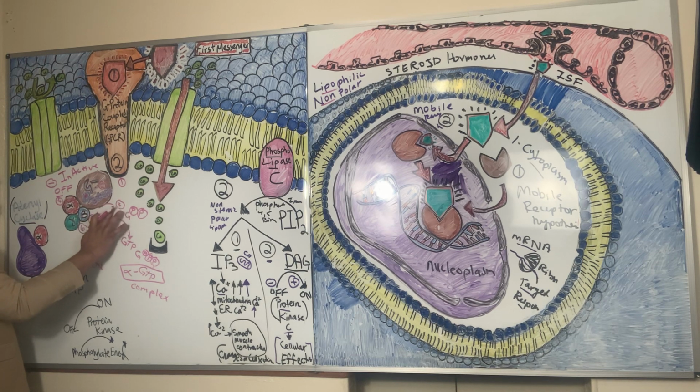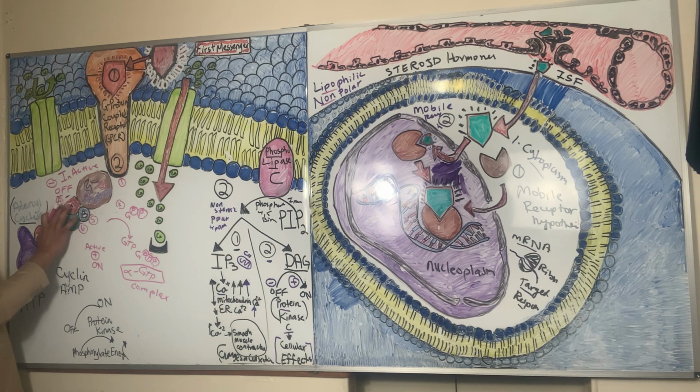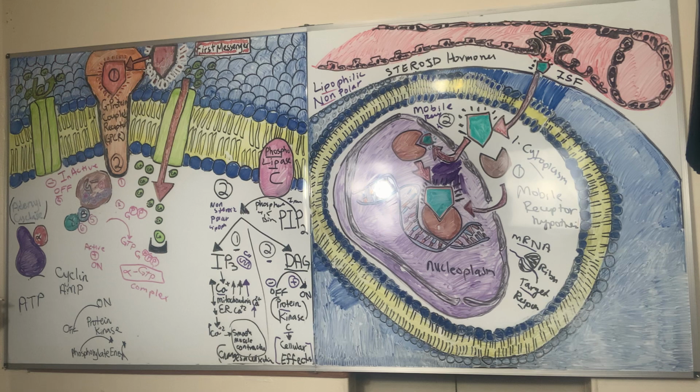So now we will only have the receptor, the G protein, the beta and the gamma, and there will no longer be an alpha subunit. So now we will only have 1, 2, 3, 4. We used to have 6. Now we only have 1, 2, 3, 4. So now what will this alpha GTP complex form?